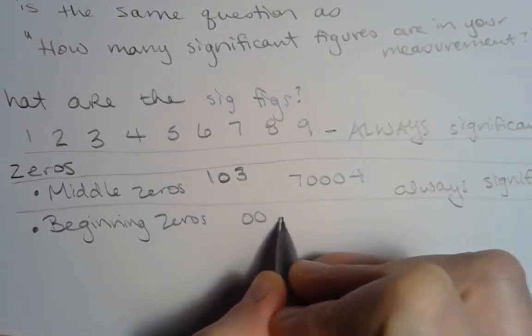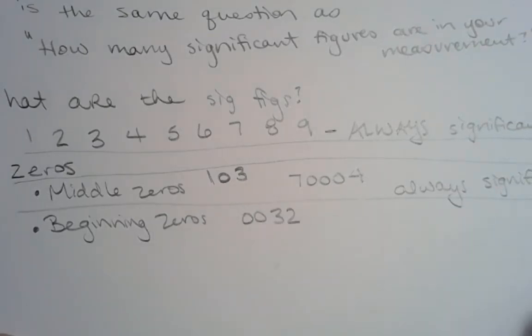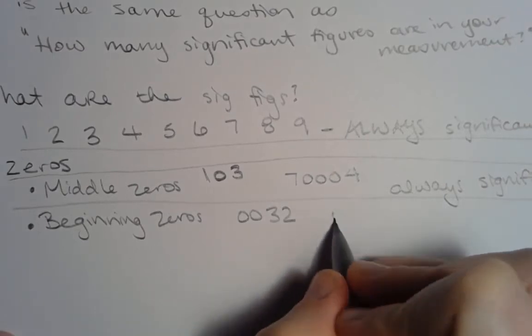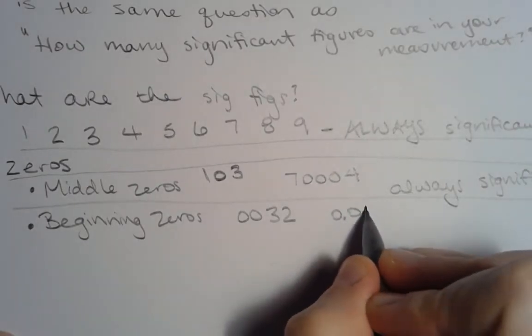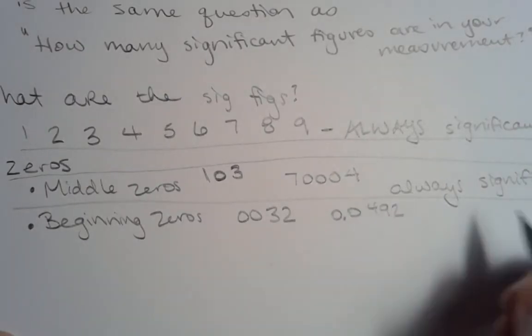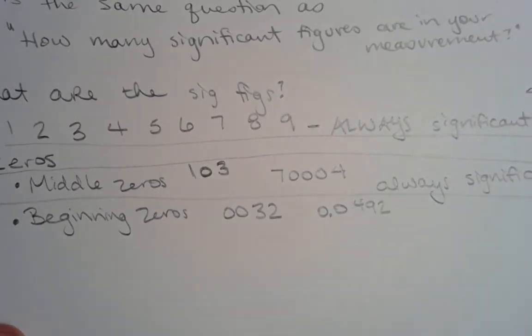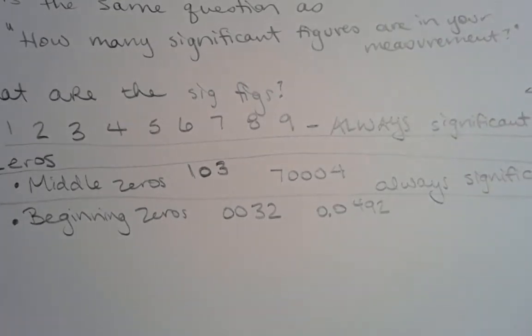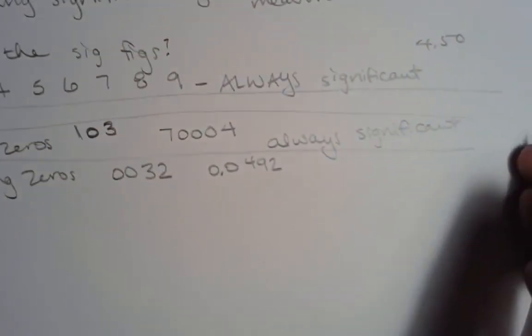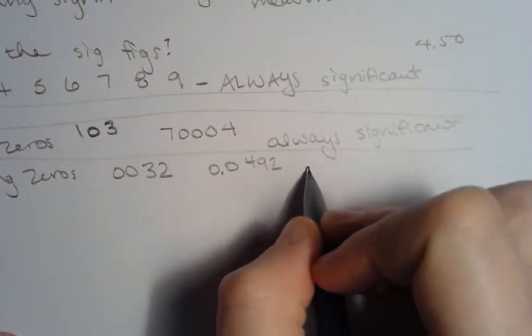So those are beginning zeros. Any zero at the beginning of the number is never significant.